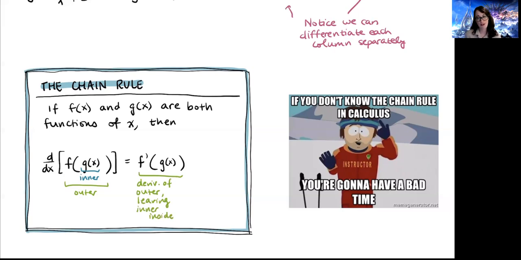So the outside has a derivative, but the inside also has a derivative or its own rate of change. And the way that gets handled with what the chain rule says is that we end up multiplying by the derivative of the inside. So this all gets multiplied by g prime of x, the derivative of the inside, or the derivative of the inner.